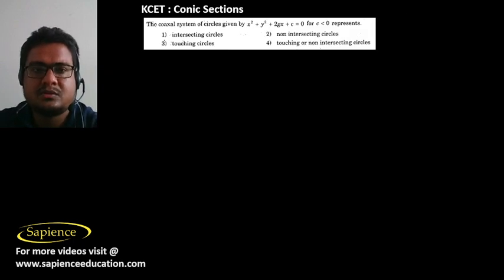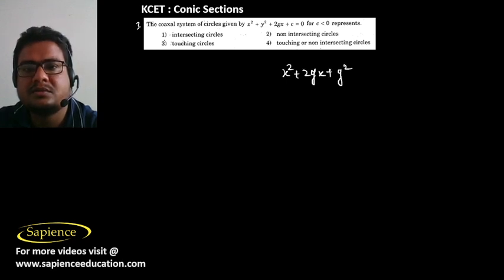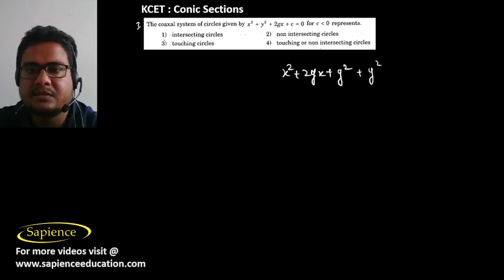Then in question number 3, it is told that the coaxial system of circles given by this represents, with c less than 0, c is negative. So I can say x square plus 2gx, plus g square plus y square, and since c is negative I can take c on the other side.